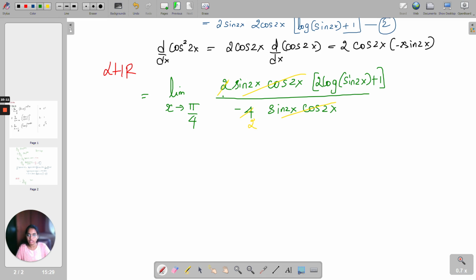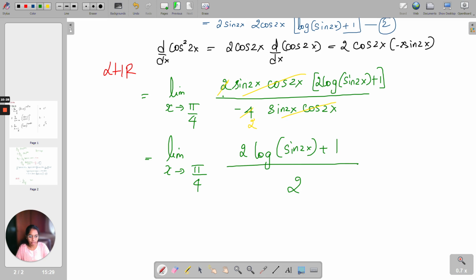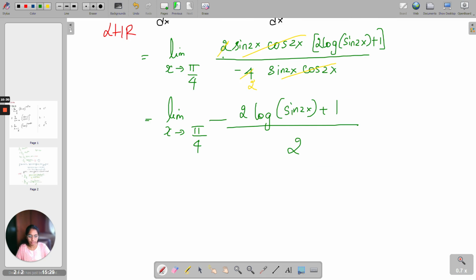Yes. So what else is remaining? Limit x tending to pi by 4, yes, we have 2 log of sine 2x plus 1 divided by 2, and we have a negative here.